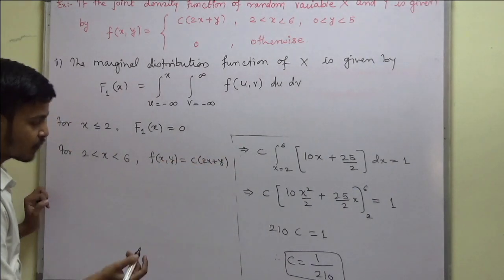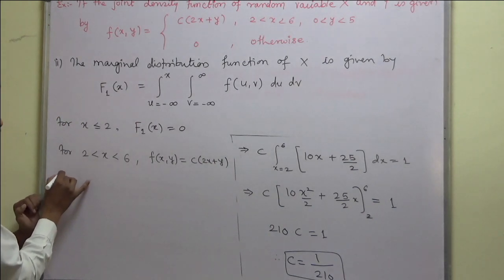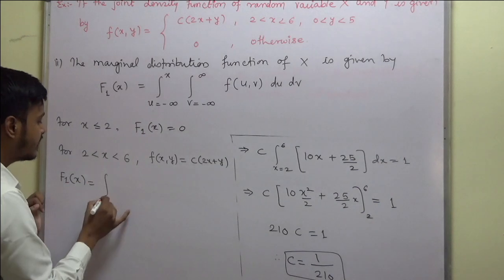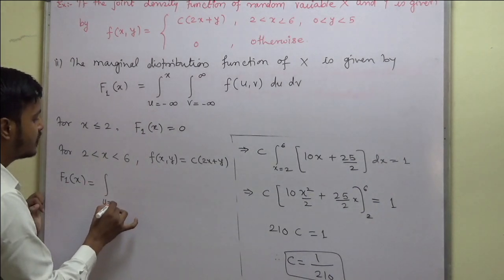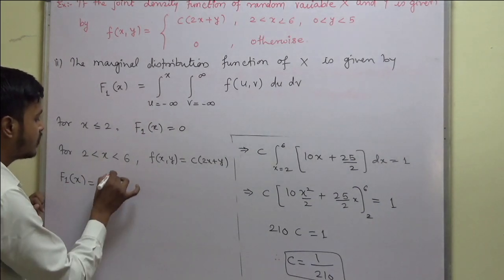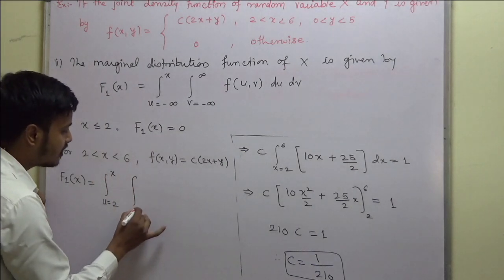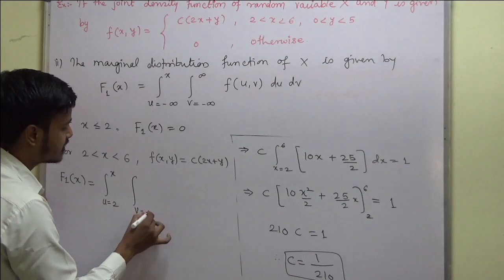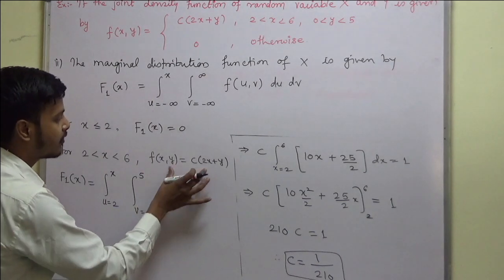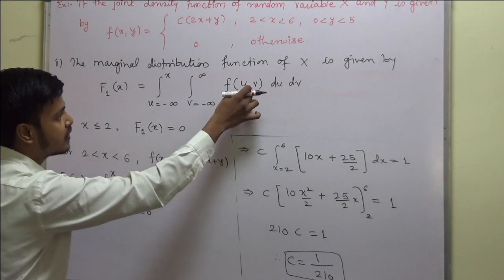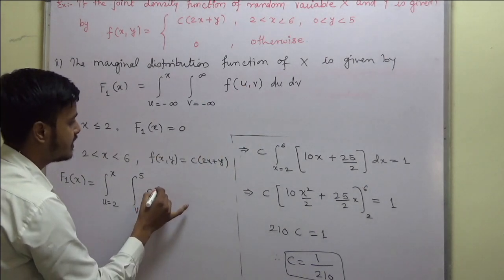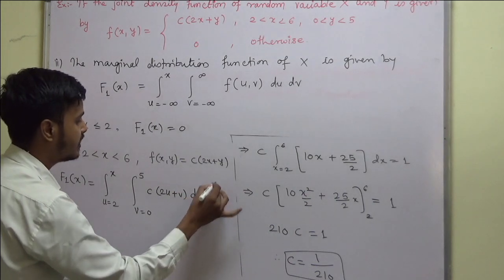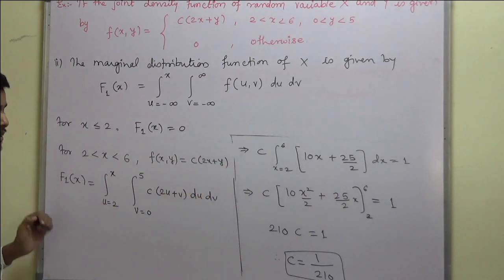So what would be my f1 of x for this range? f1 of x would be integration u equal to 2 to x, integration v equal to 0 to 5, f of xy in terms of uv. So this is c times 2u plus v du dv. Now try to solve this.